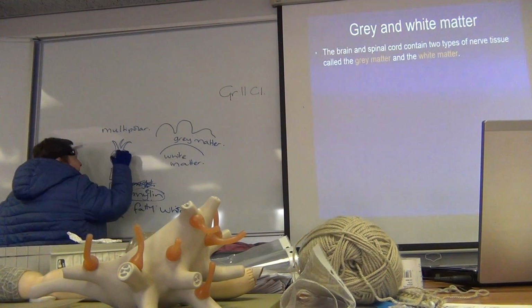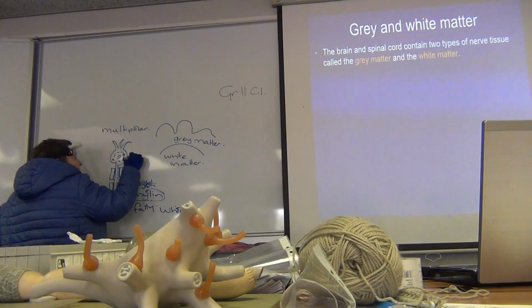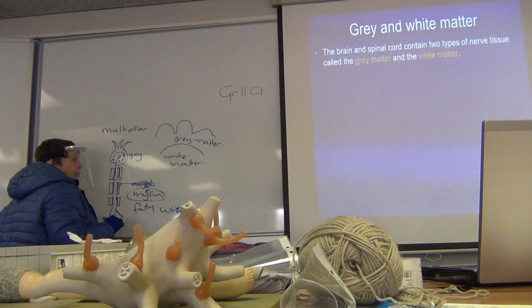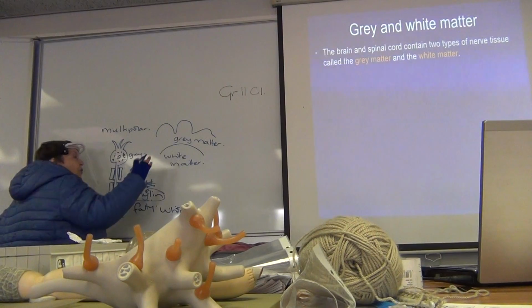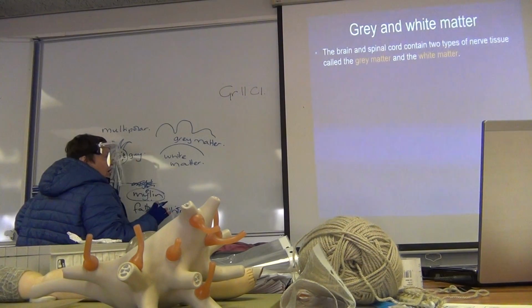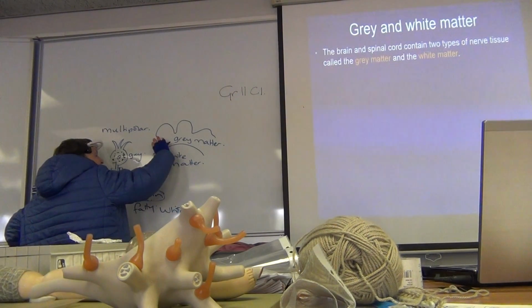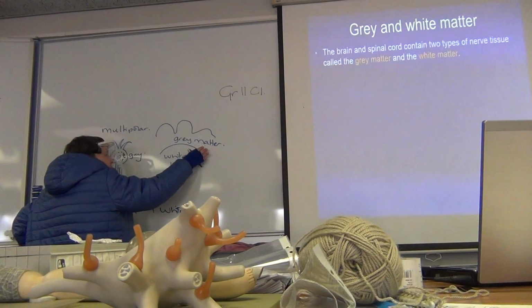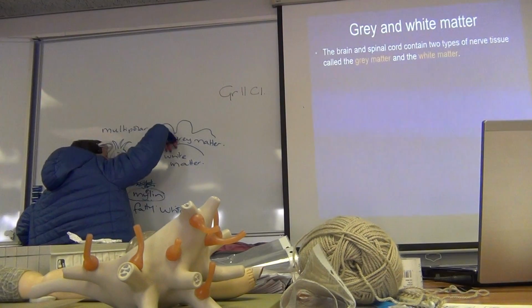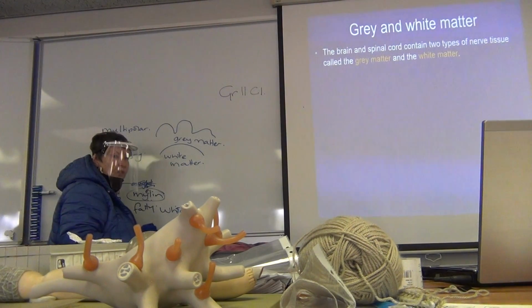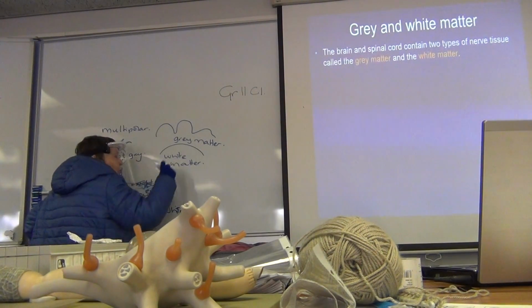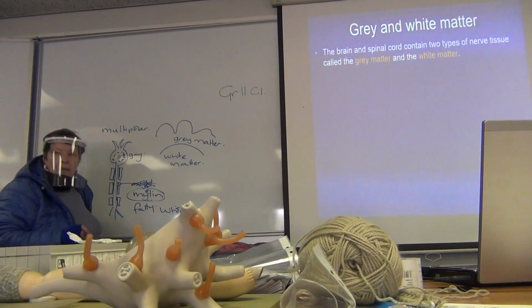Whereas the cell body has lots of granules in it, and therefore it is grey. If you look at the arrangement of the neurons in the brain, the cell bodies are concentrated towards the outside and the axons face down towards the inside. So this is grey and that is white. Does that make sense?